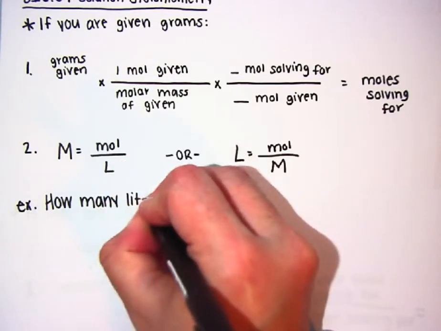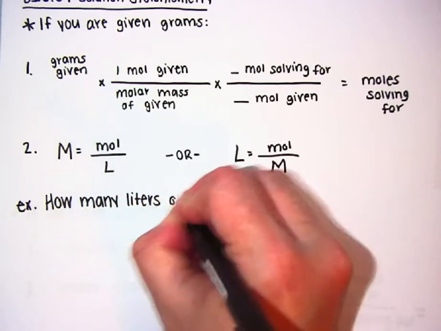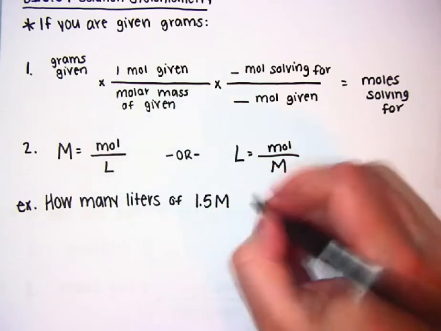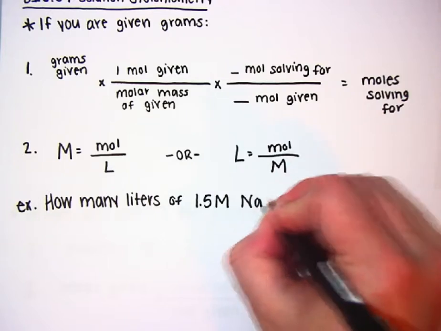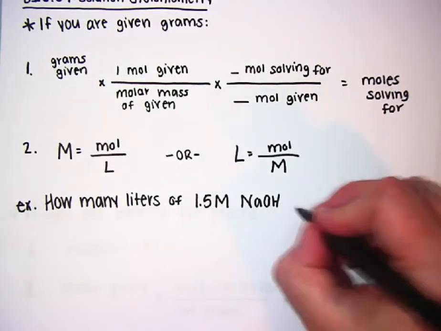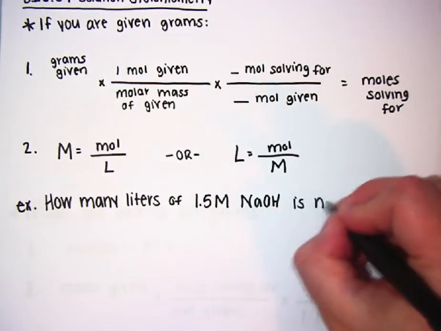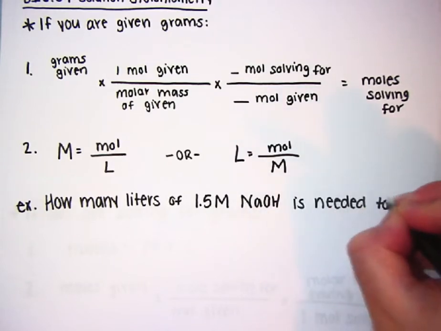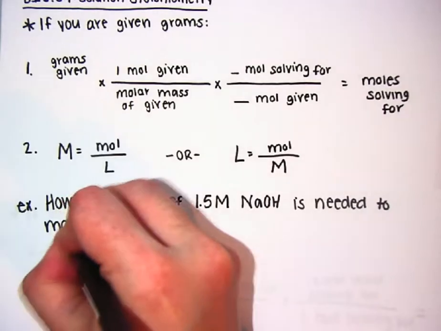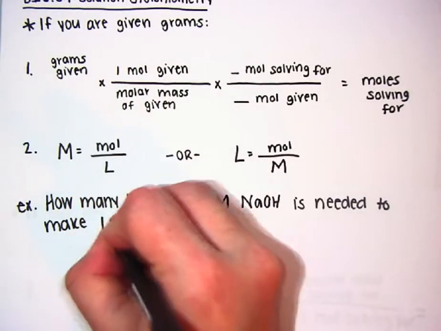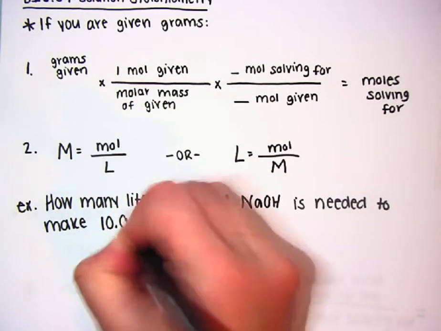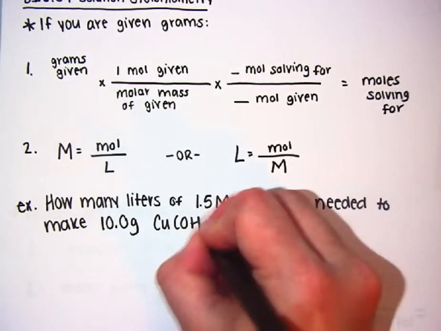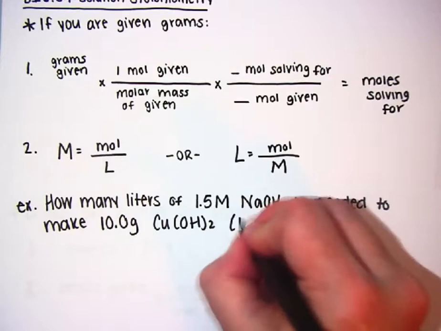How many liters of 1.5 molar sodium hydroxide is needed to make 10.0 grams copper 2 hydroxide?